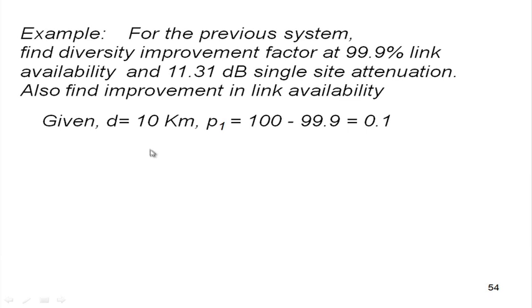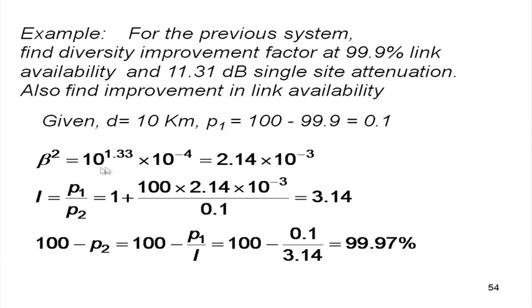Given these numbers you can find out the P1 and then beta square, and then I, which is the ratio of P1 and P2, that is the diversity improvement factor, and then link availability is 100 minus P2 because the second site is added. You increase the link availability from 99.90 to 99.97%. So this is another example of improvement factor finding and availability increment.